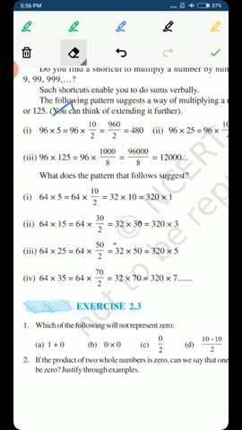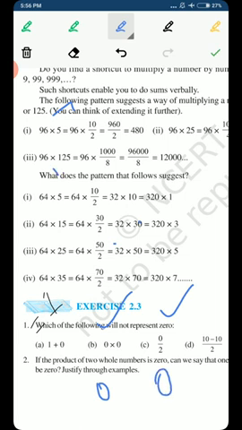1 plus 0 means we are adding 0 to 1, so the answer will always be the same number, which is 1. When we are multiplying 0 with 0, the answer is 0. When we are dividing 0 by 2, even then the answer is 0.